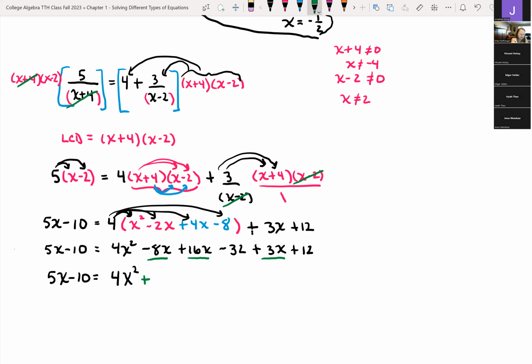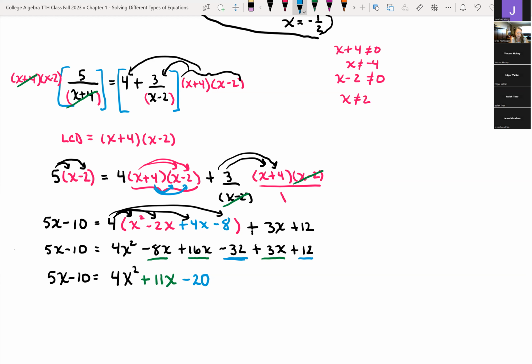So this would be plus 11x here. And then we have two constants. So negative 32 plus 12. That gives us a minus 30. No, that gives us a minus 20. Okay, so we've simplified down our equation on the right.